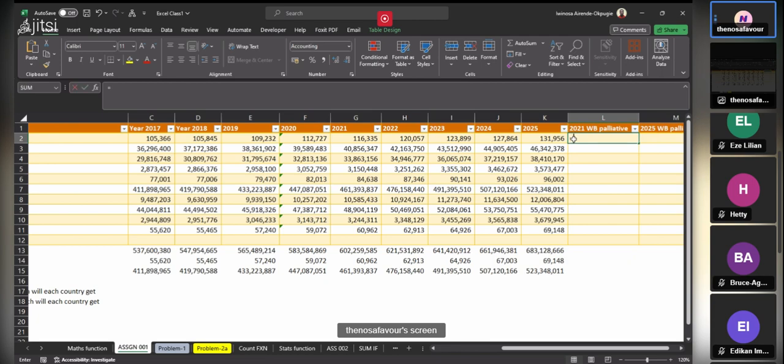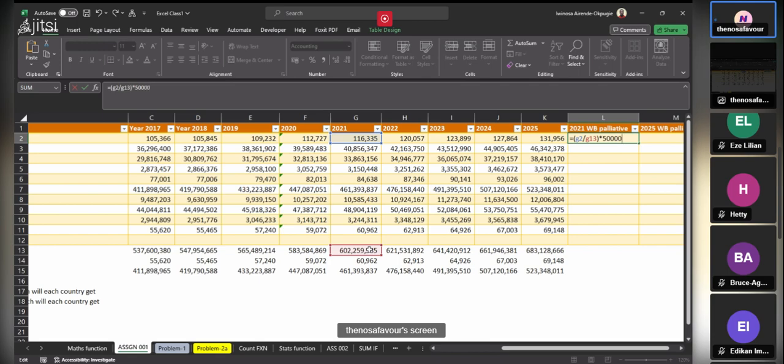So if we say equals 2021, G2 divided by the total population, which is G13. Alright? So when we do this, you can just put this in brackets, and say times 50 million.